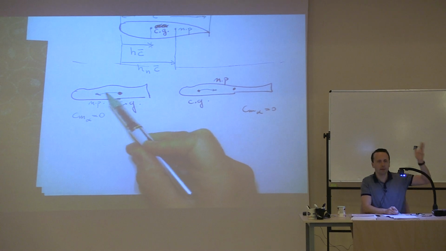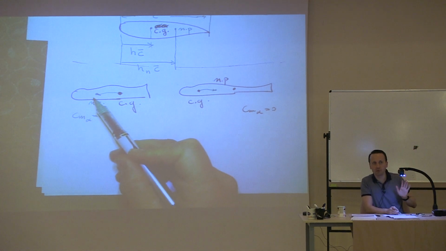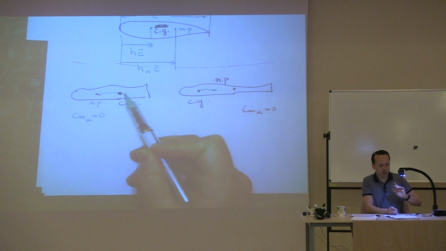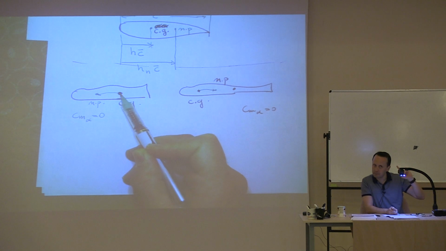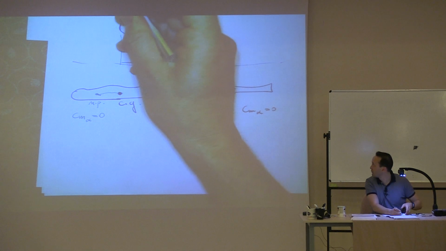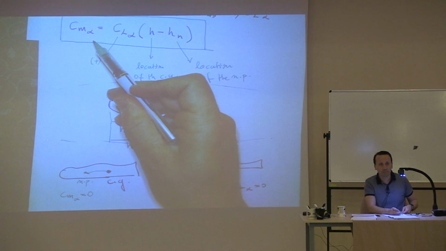Okay? Good. Now that we have identified the neutral point of these airplanes, now tell me about stability. Well, if the CG was here, Cm alpha would have been 0. But the CG is over here, therefore Cm alpha will be positive according to this.